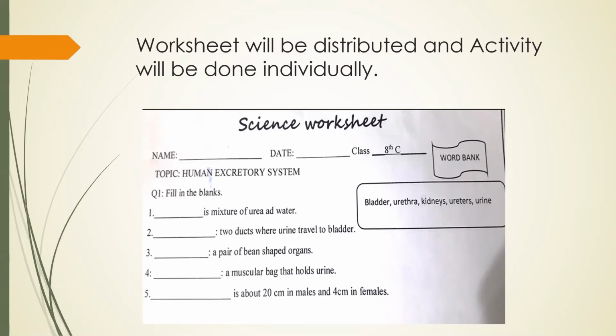A pair of bean-shaped organs. A muscular bag that holds urine. You have to tell what those organs are. Number 5, dash is about 20 centimeters in males and 4 centimeters in females. And you know that 20 centimeters means 8 inches.